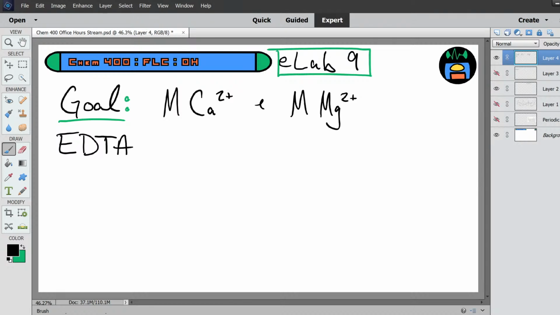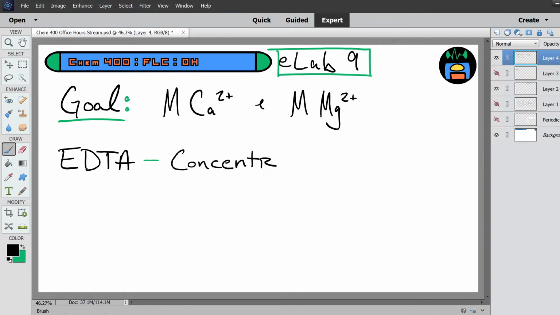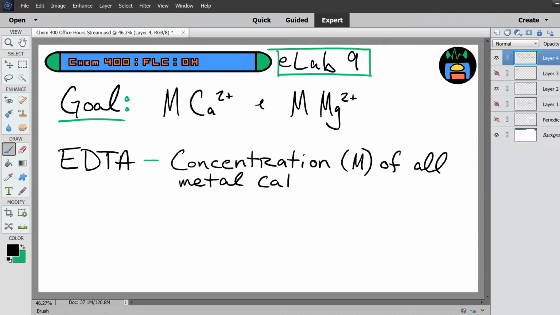So from the EDTA titration, we can determine the concentration, i.e. the molarity, of all metal cations in solution.